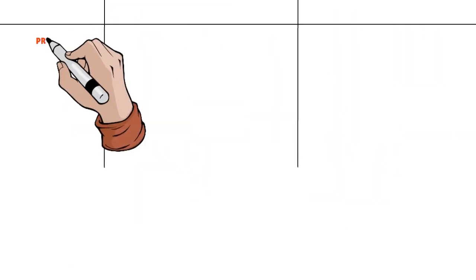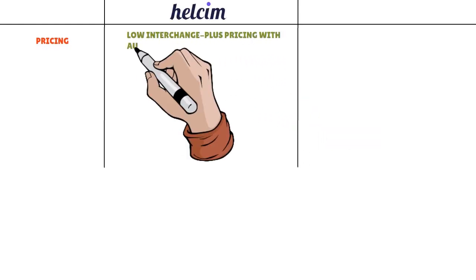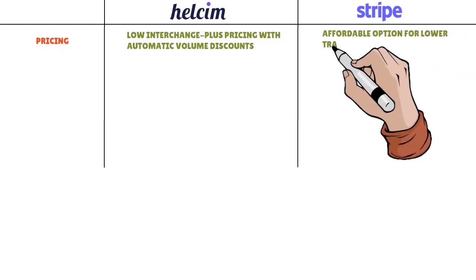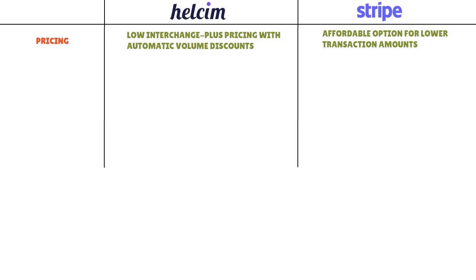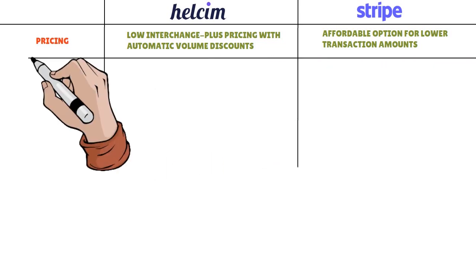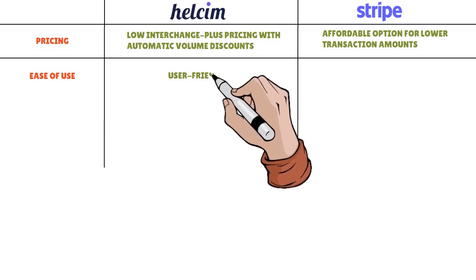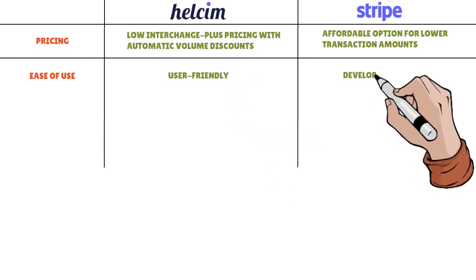Okay, so in terms of pricing, with Helcim, you have low interchange plus pricing with automatic volume discounts. With Stripe, you have a very affordable option for lower transaction amounts. In terms of ease of use, Helcim is good for user friendliness, whereas Stripe is great for developer friendliness.